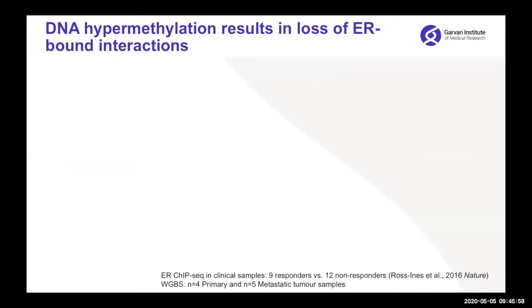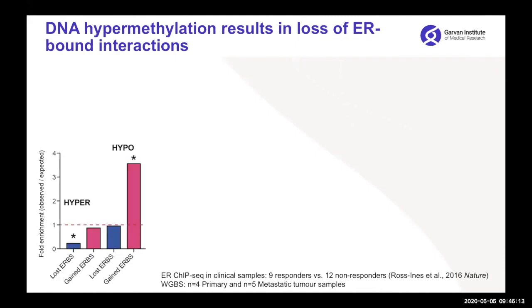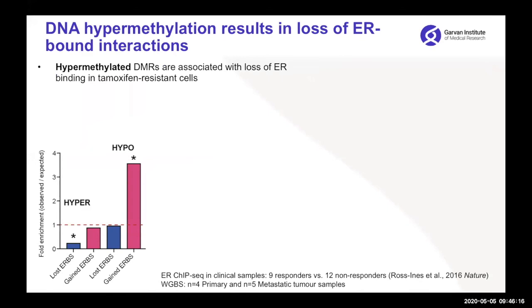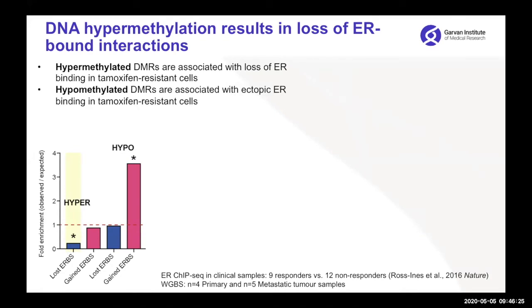So our previous work has shown that DNA methylation at enhancers that are bound by ER is associated with endocrine resistance. And so to confirm this result, we now looked at the genome-wide DNA methylation patterns, and we again observed that hypermethylated, differentially methylated regions are associated with loss of ER binding in tamoxifen resistance, while hypomethylation was associated with new ectopic ER binding.